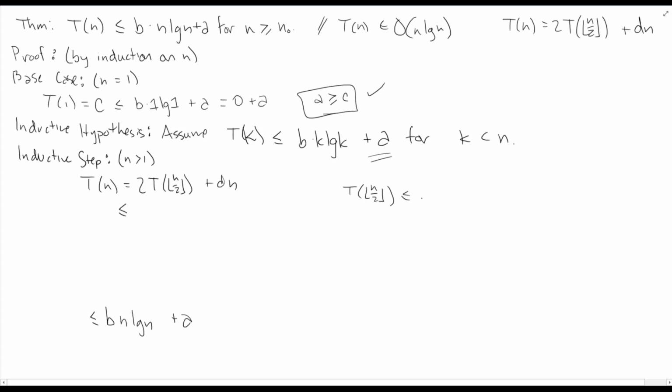It's going to be less than or equal to, it looks like, b floor of n over 2 log of the floor of n over 2 plus a. So that's actually a kind of messy little piece. That's what we're going to put in here, keeping in mind there were 2 of these terms. So we don't want to forget that. Don't forget the 2. And then we're copying in the right-hand side from over there: b times floor of n over 2 log floor of n over 2 plus a.